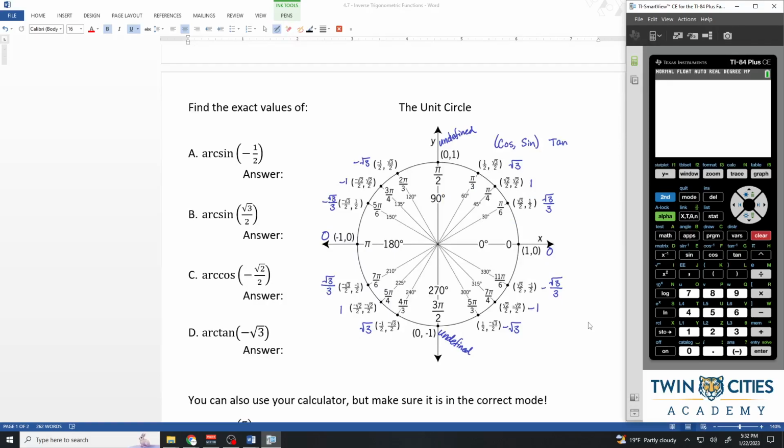Well, typically, when I give you a problem such as find the sine of pi/6, you would look at your unit circle, you'd find pi/6, which is right here, and then you'd say, okay, the sine is the y value, 1/2. The sine of pi/6 is 1/2.